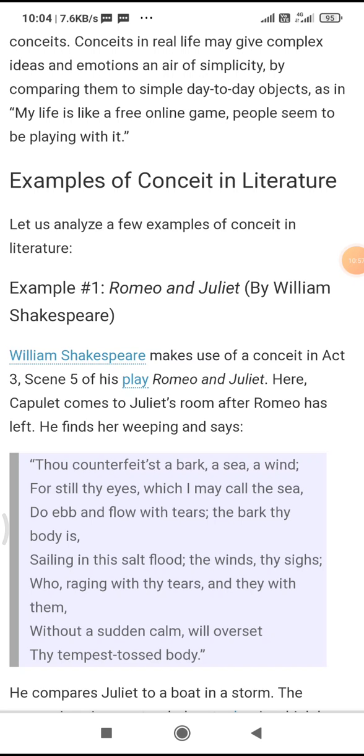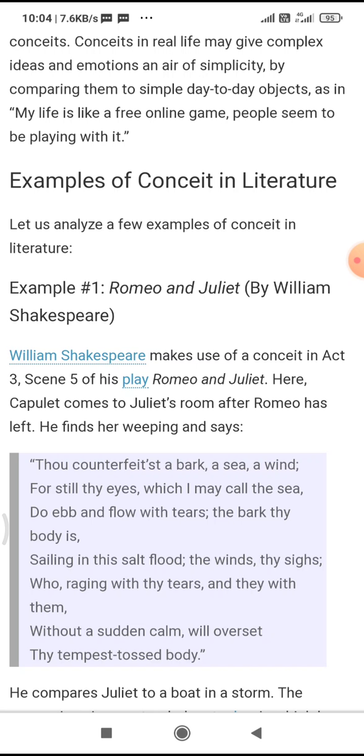In Act 3, Scene 5 of his play Romeo and Juliet, Capulet comes to Juliet's room after Romeo has left. He finds her weeping and says, "Thou counterfeits a bark, a sea, a wind, for still thy eyes, which I may call the sea, do ebb and flow with tears, the bark thy body is.